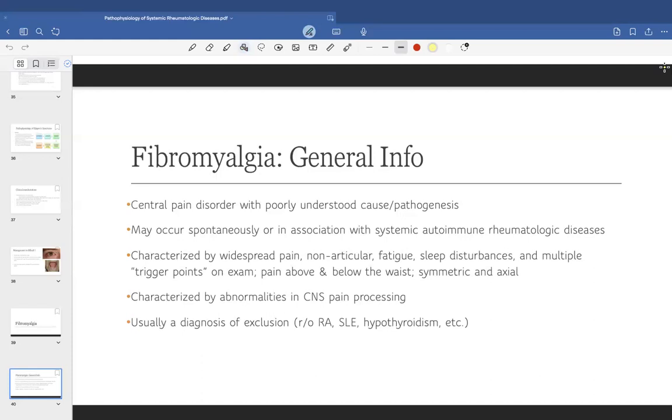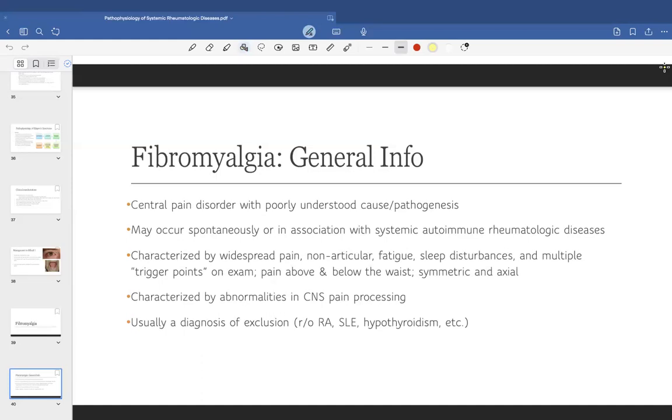There are also sleep disturbances that lead to difficulty concentrating, so they call it fibro fog. But you know what it's like when you don't sleep. Can you think straight? No. Can you sleep well when you have a lot of pain? No. So it's this vicious cycle for these people.